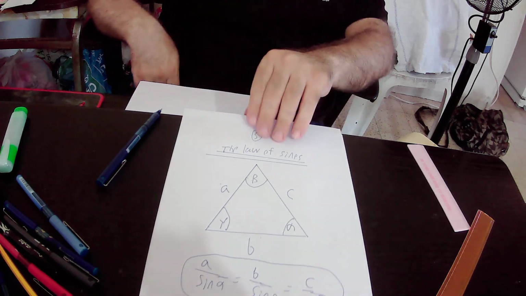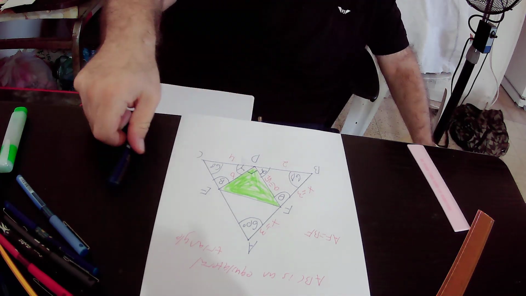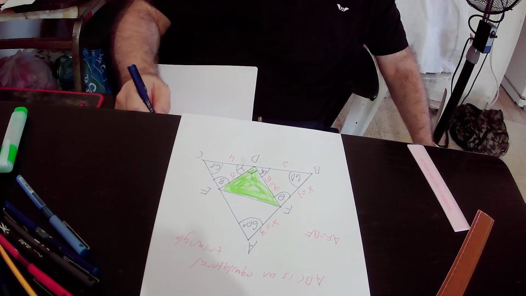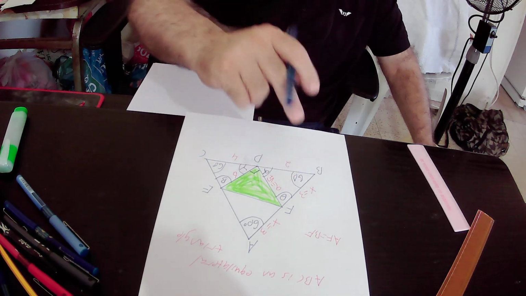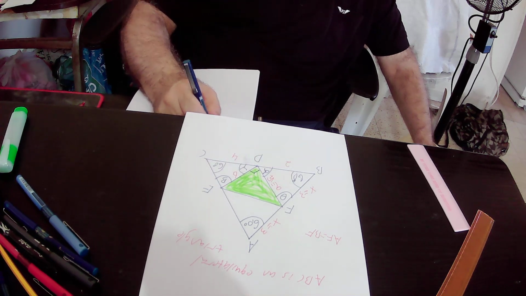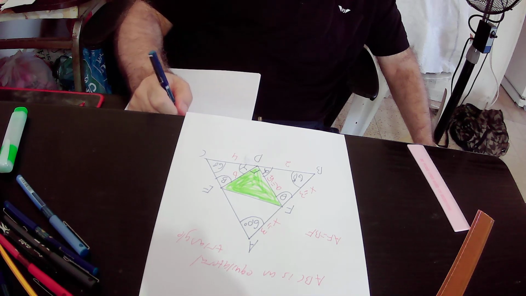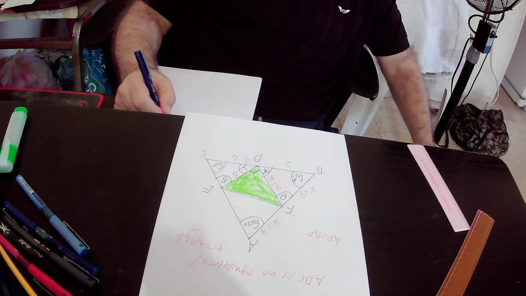Okay, so actually we can implement the law of sines in triangle BFD. In triangle BFD we can say that FD over sinus 60 degrees equals BD over sinus theta.